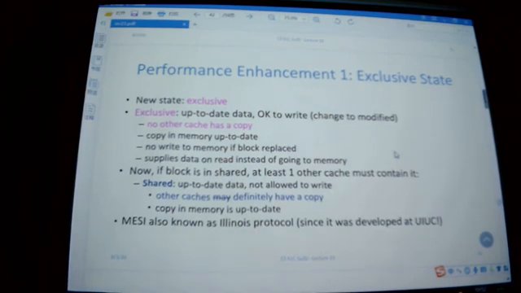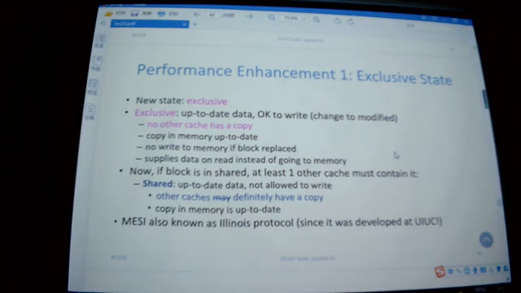Now, if a block is in shared, at least one other cache must contain it. Shared is one state: up-to-date data, not allowed to write. Other caches definitely have a copy.